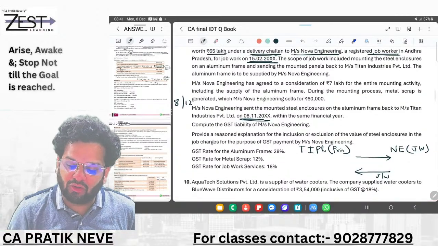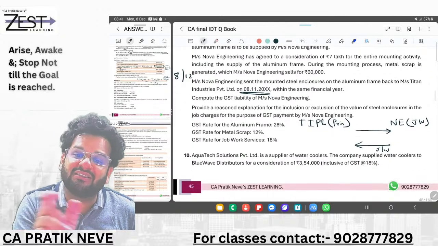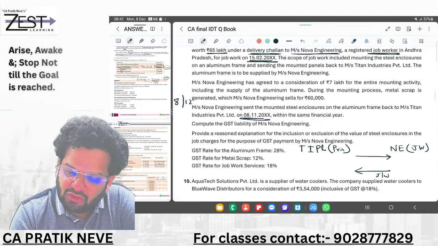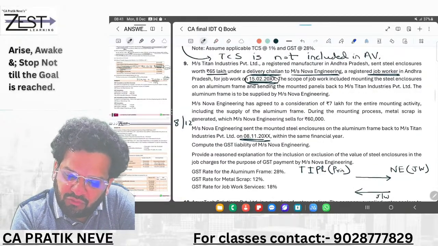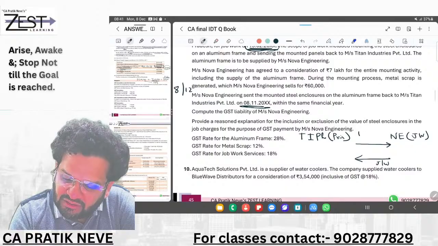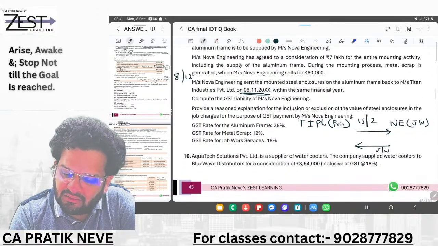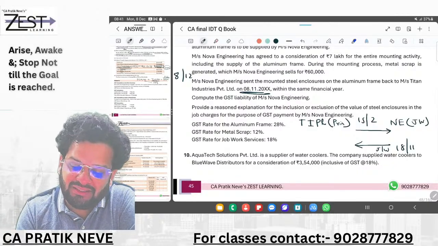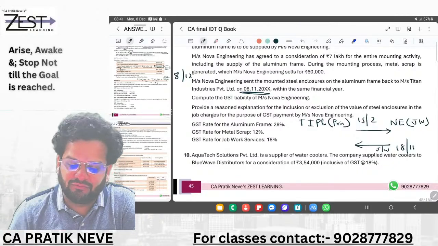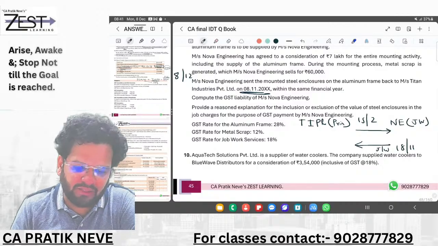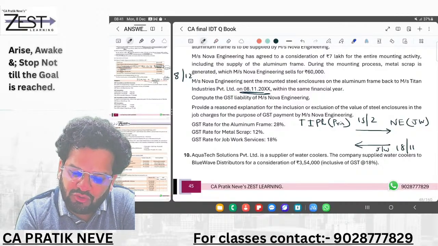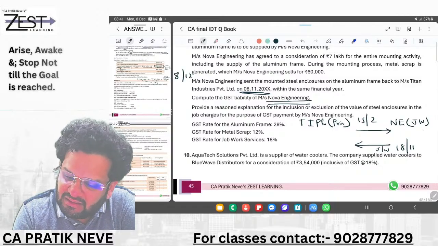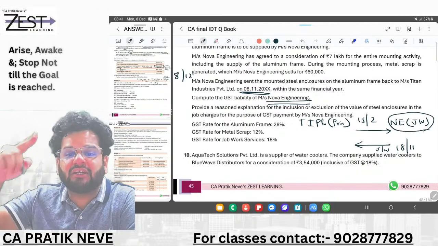You should check whether the goods are returned within 1 year from the date of being sent. They were sent on 15th Feb and returned on 18th of November. So yes, it is within 1 year. So no complication. Compute GST liability of Nova Engineering.